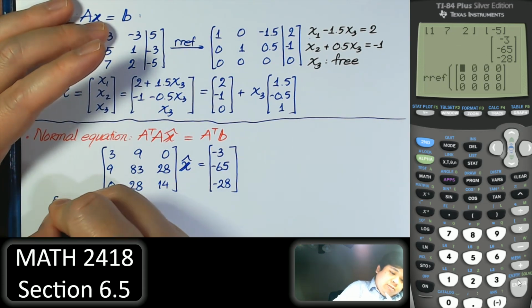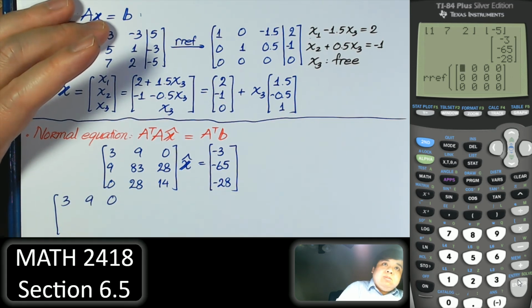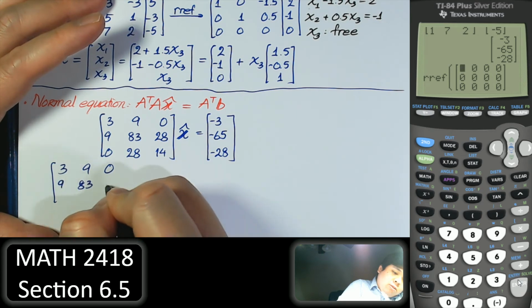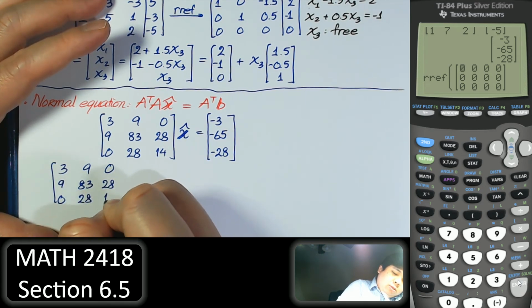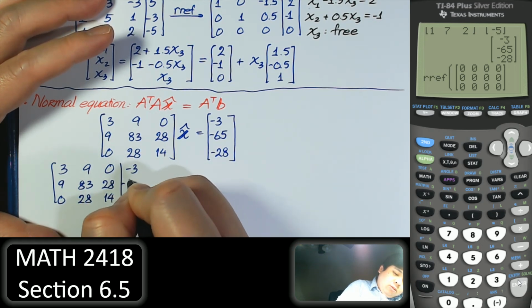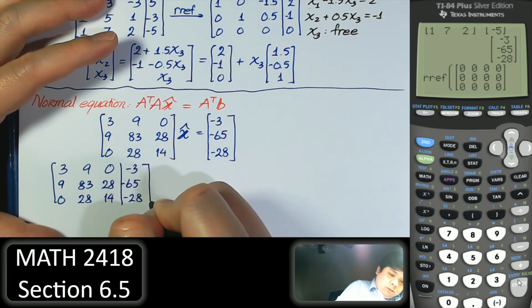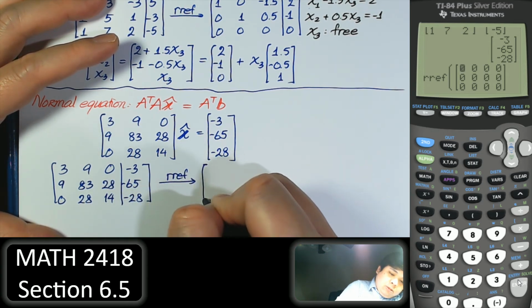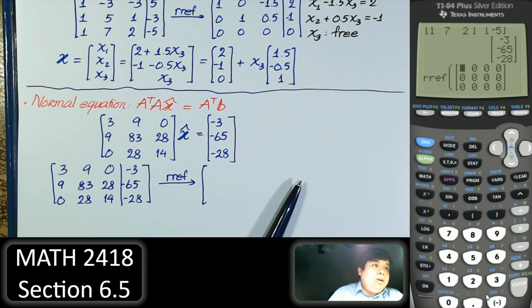Let's just write it out. 3, 9, 0, negative 3, 9, 38, 28, and negative 65, 0, 28, 14, and negative 28.